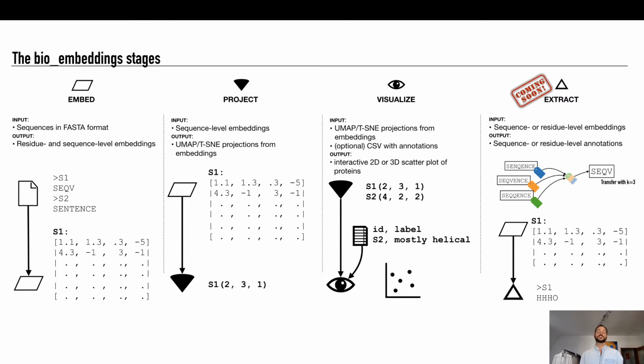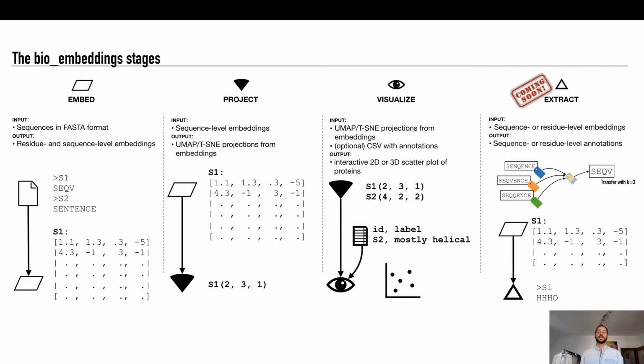So the visualize stage takes these lower dimensional representations of your sequences and displays them in a scatter plot, which can additionally be annotated with an annotation file which has labels for some or all of the sequences in your set. Another thing which we want to offer with the visualize stage is the visualization of the importance of each amino acid in the input sequence. And we will offer this for models that use attention layers.